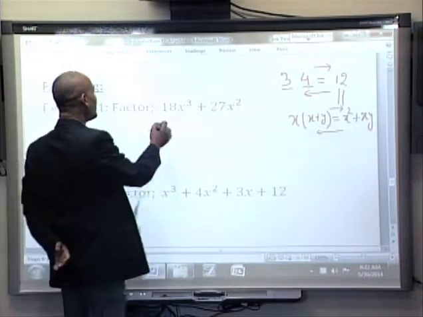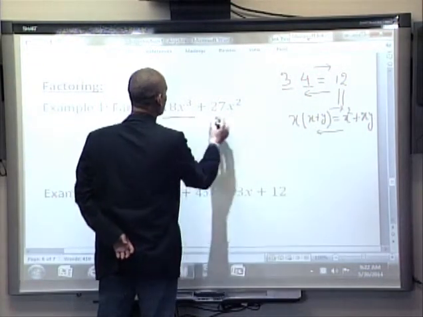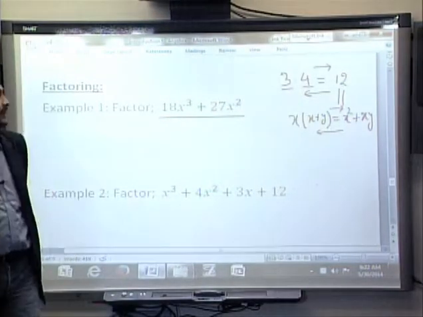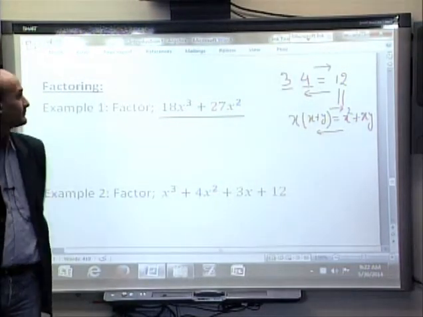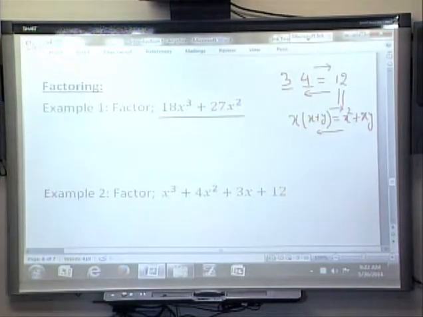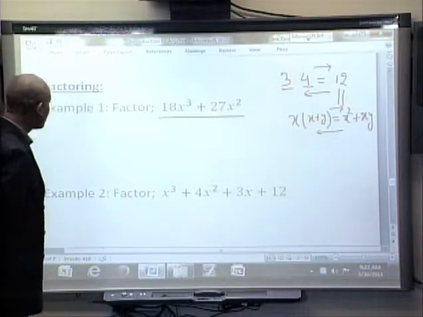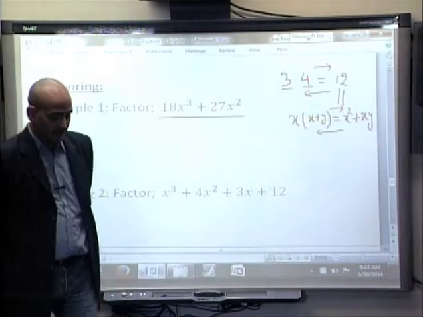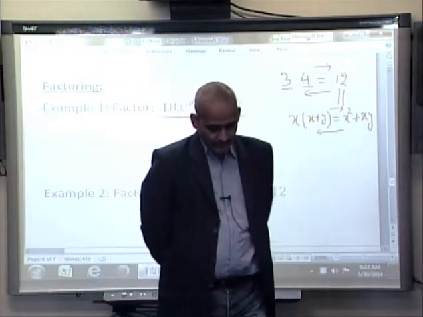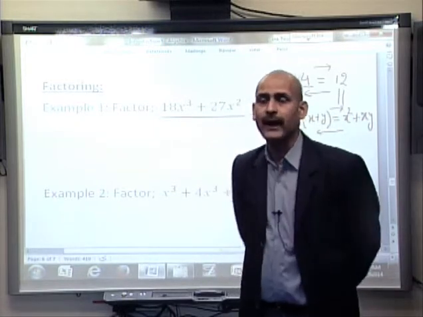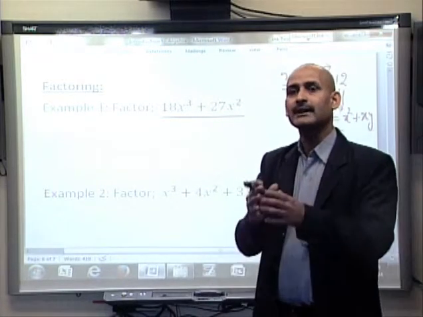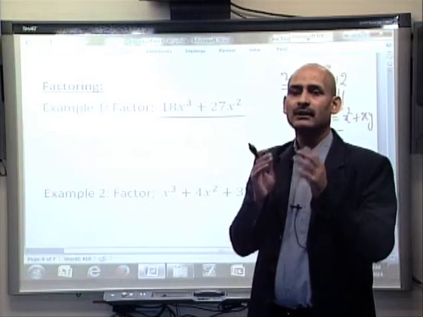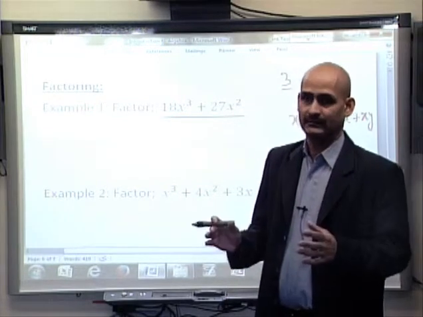So consider we want to factor 18x cubed plus 27x squared. In order to factor an algebraic expression, first of all, we need to factor out the greatest common factor.